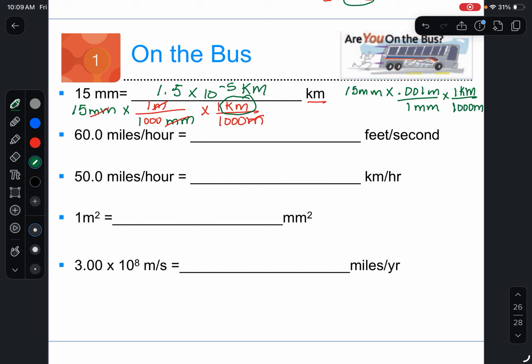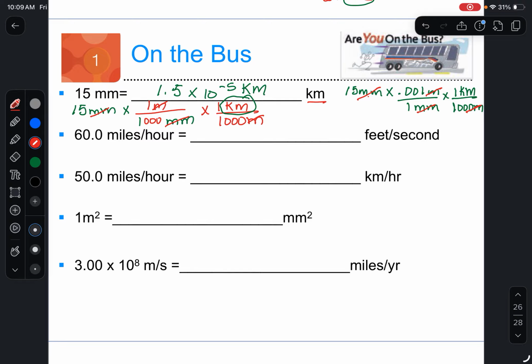So in this case, when I check my units, my millimeters cancel, my meters cancel, and I'm left with kilometers. I get the exact same answer, the 1.5 times 10 to the minus 5 kilometers. So there's not just one conversion factor that you can use.